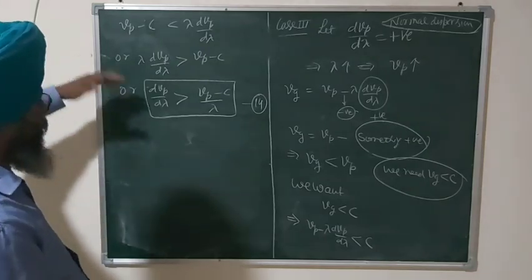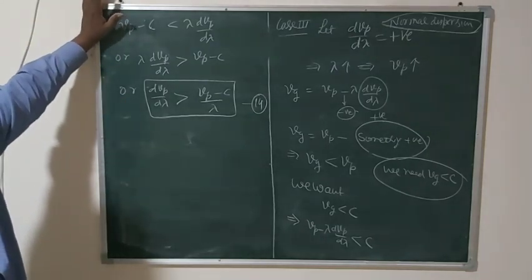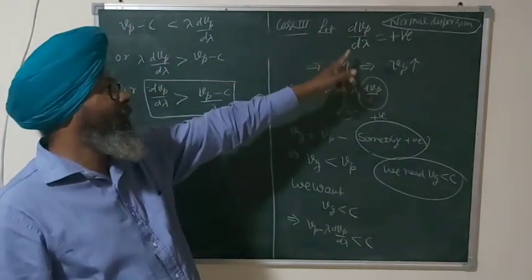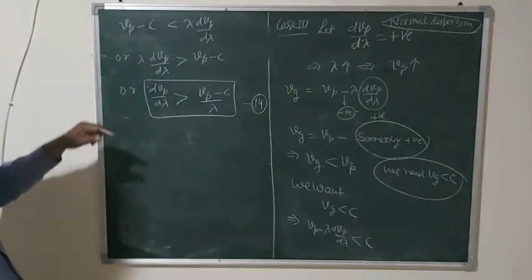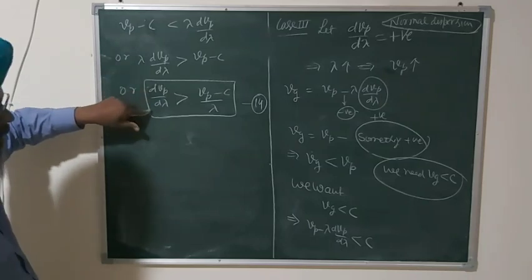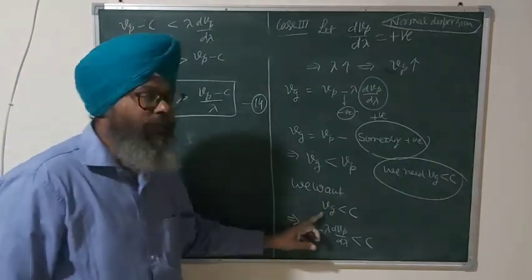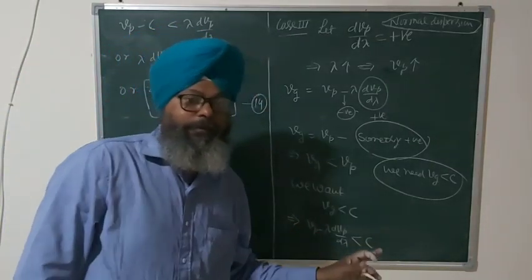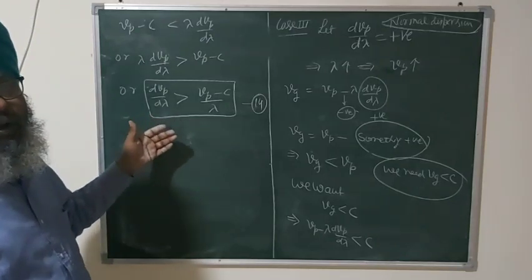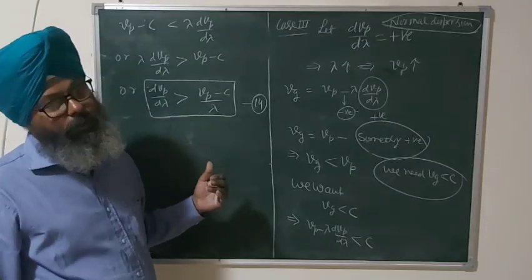So this condition tells me that if de Broglie waves show normal dispersion, first thing dVp by d lambda must be positive, and the rate of change of Vp with respect to lambda must be greater than this quantity, then Vg will definitely be less than C. Therefore, this condition has to be satisfied for the velocity of the group waves to be smaller than the velocity of light.